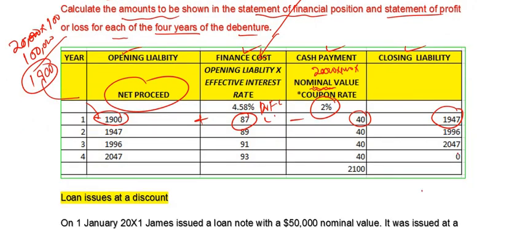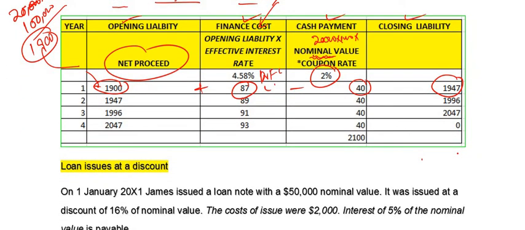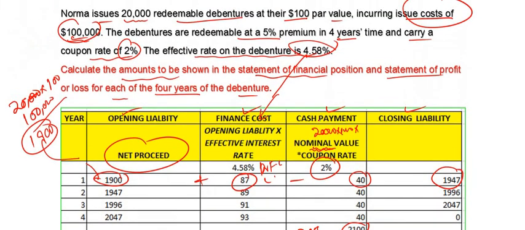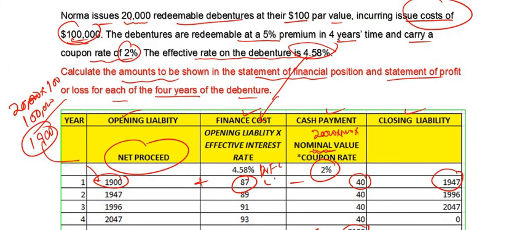Doing the same practice, at the end you have to pay the premium of 100, and you will also pay the actual amount, which is 20,000. This is the actual amount you have to pay, but you also pay some premium, and the premium is 5%.